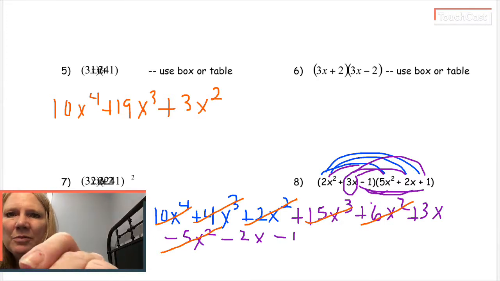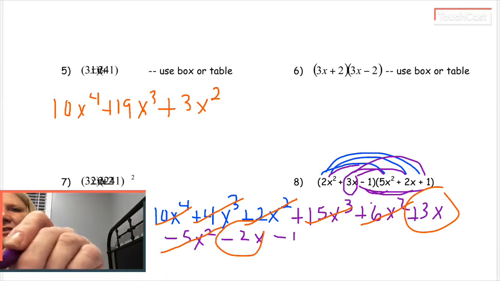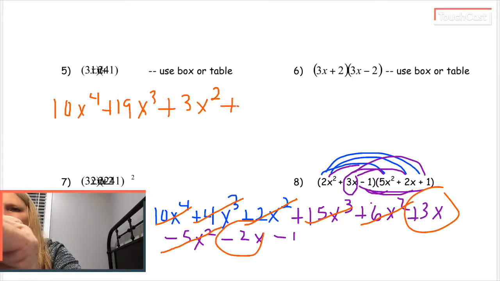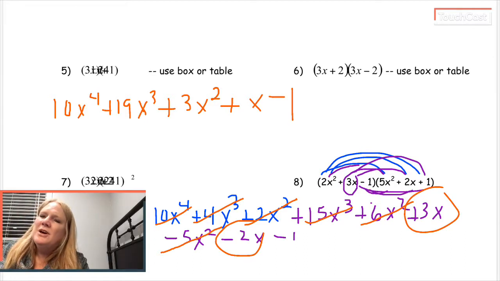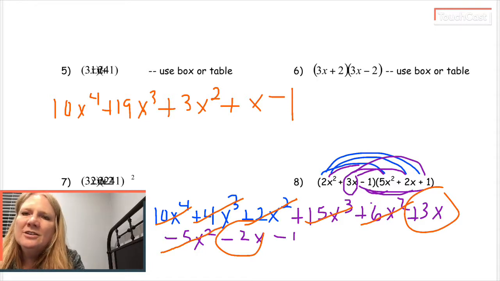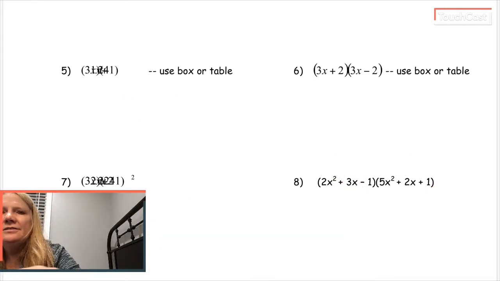Now I have a positive 3x and a negative 2x. So that's going to be 3 minus 2, plus 1x, or simply plus x, and then minus 1. When you have big polynomials like that, it's a good thing to go back and recheck, but I think that looks good. Okay, so let's look at what's next.